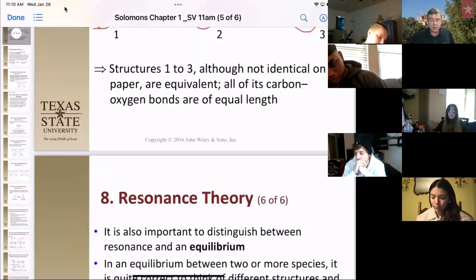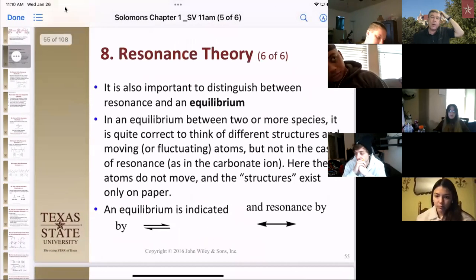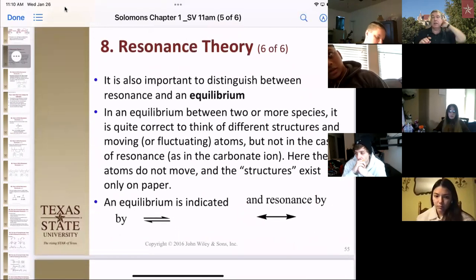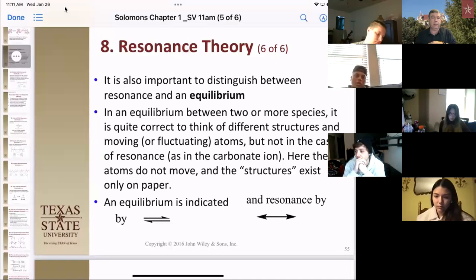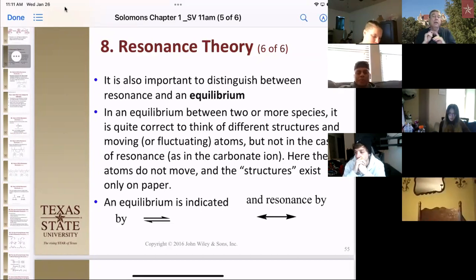All right, so we also have to understand that each of those is equal in energy in that particular case because they all have 2 negative charges. So they're not in equilibrium between one or the other.